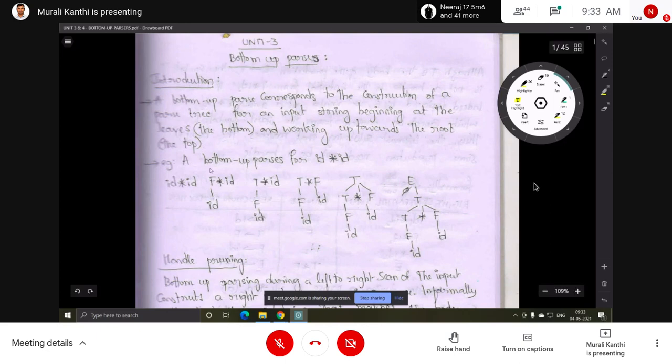Okay, here one example is given, a bottom-up parser for id * id, identifier times identifier. First the input string is taken. In the top-down approach, the starting symbol of the grammar is considered, but here the input string is considered. So first id * id is taken.